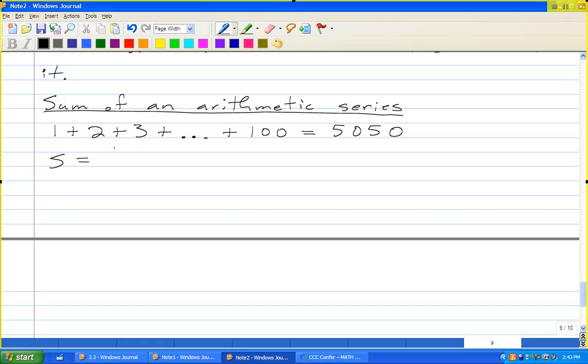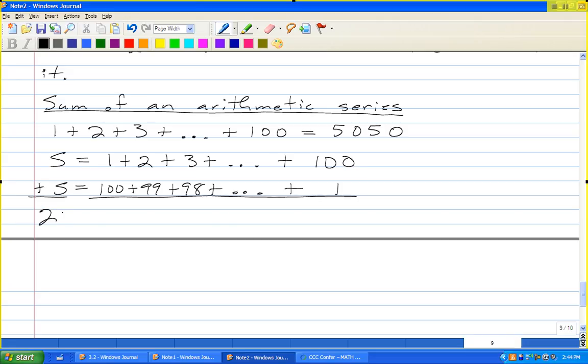Let S equal 1 plus 2 plus 3 up to 100. And now let's write this in descending order rather than ascending. So 100 plus 99 plus 98 down to 1. And now let's add these together. S plus S is 2S.